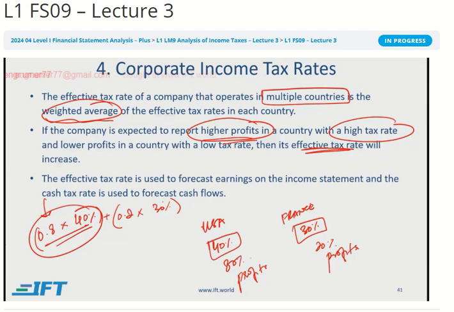And again, why is this important for us as analysts? Because if we're going to be forecasting earnings, we'll be using the effective tax rate, whereas if we are going to be forecasting cash flows, then we will be using the cash tax rate.